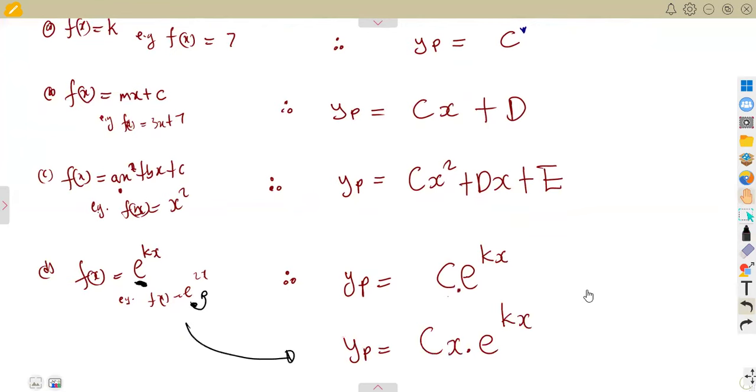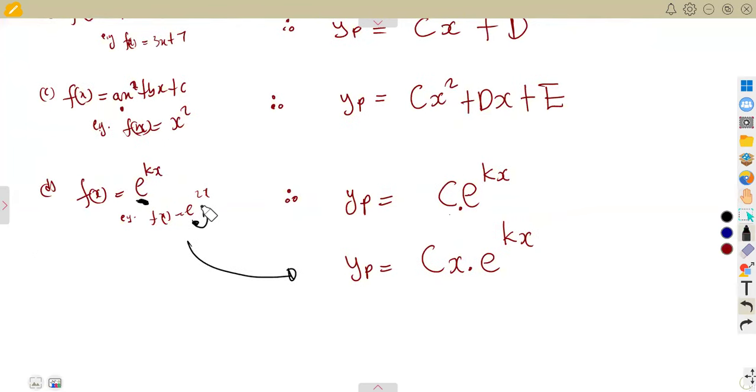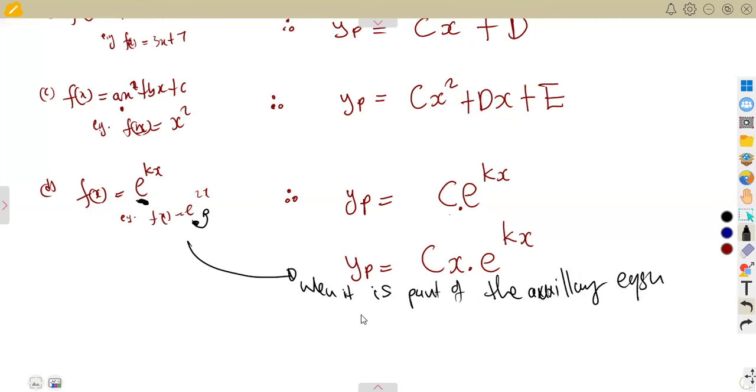That is when part of this e is appearing, or it is part of the auxiliary equations, which is part of the complementary function.